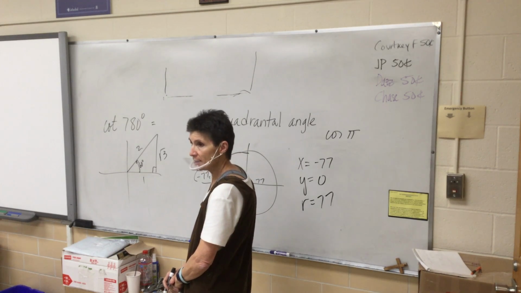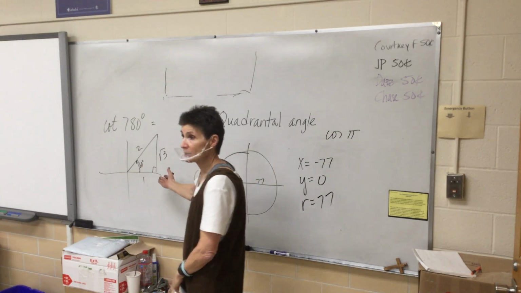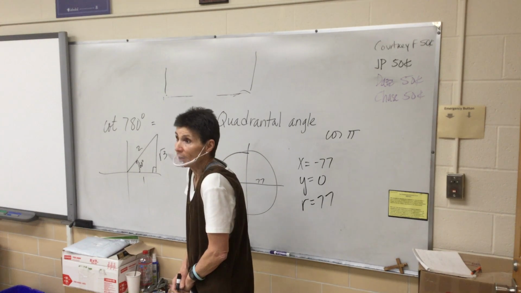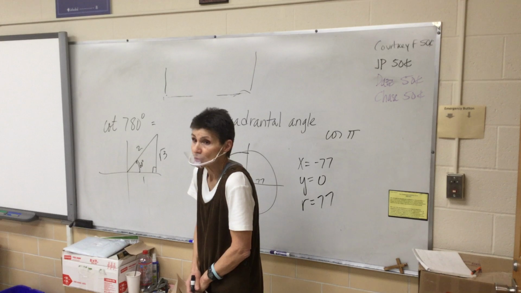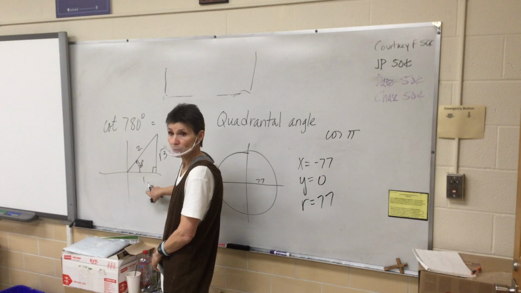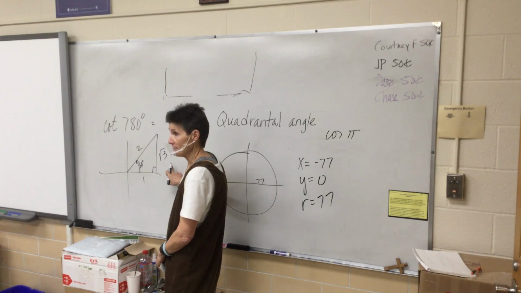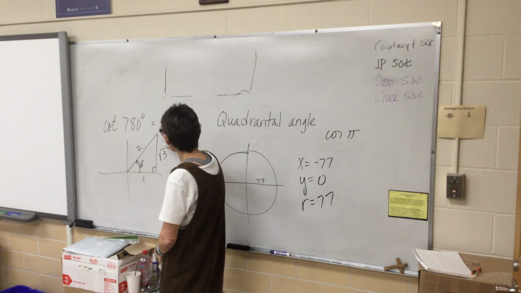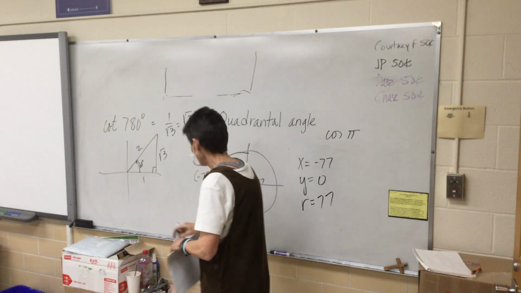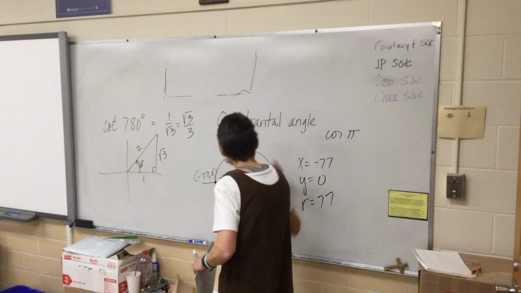X over y, or I got a triangle, I can use adjacent over opposite if you want to. It doesn't matter, you can use either one. This is X and this is Y. This is also adjacent and opposite. So 1 over root 3 or root 3 over 3. You can use either definition.